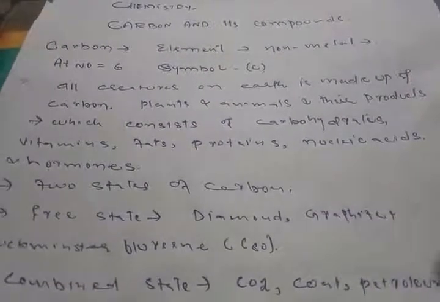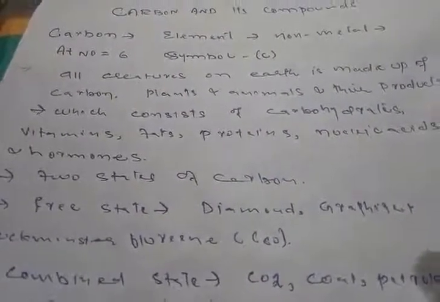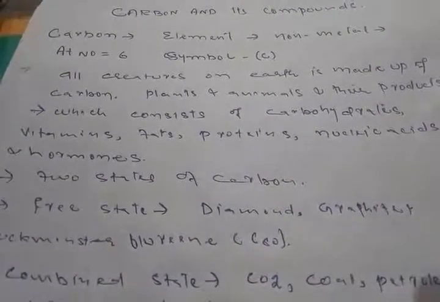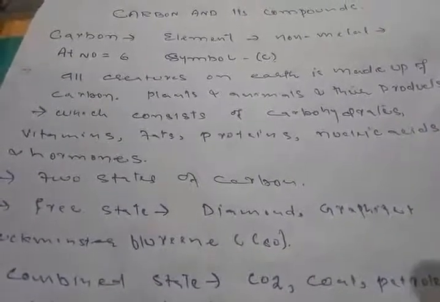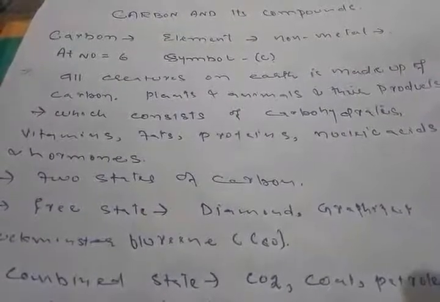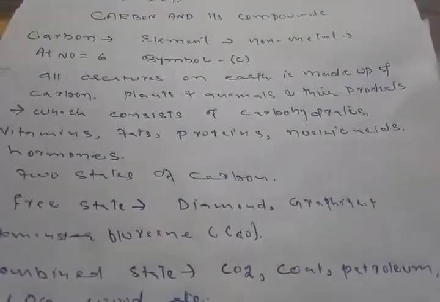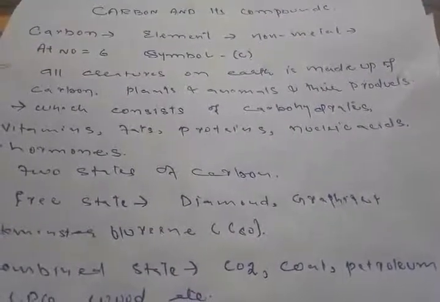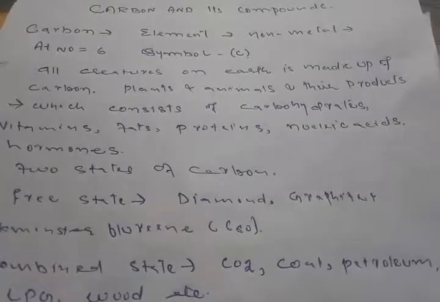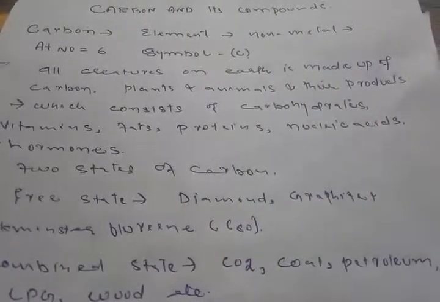So in spite of all this, scientific research has, in order to make it easier to understand what carbon does, as I explained to you, carbon is an element which is non-metal, atomic number 6 in our periodic table, which explains to us that carbon is totally made.